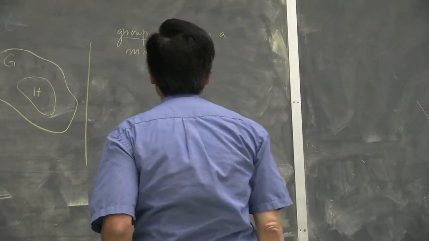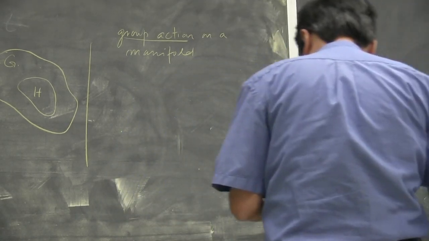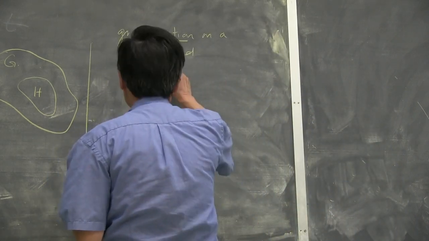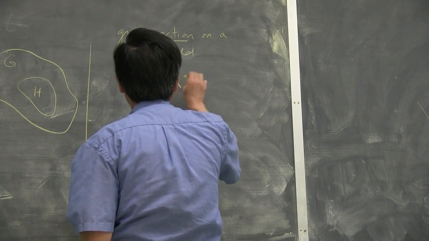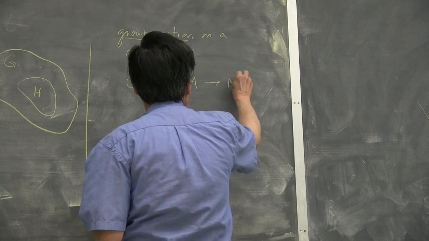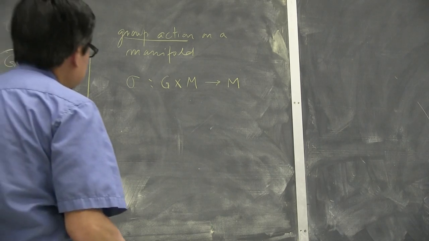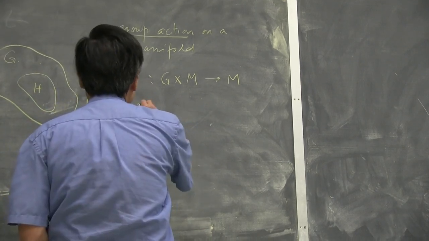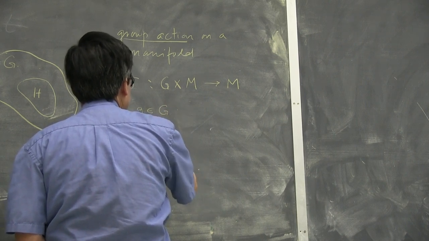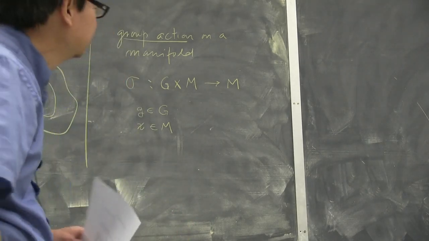Group action. Well, technically, mathematically, the group action is a map. We call that map sigma. It maps from the product set, the group multiplied by some manifold, going to something in the manifold. So this is very abstract, okay? So what it says is that if you take a particular group element G, which is inside of the group G, and you take some X inside of this, usually a differentiable manifold, okay?